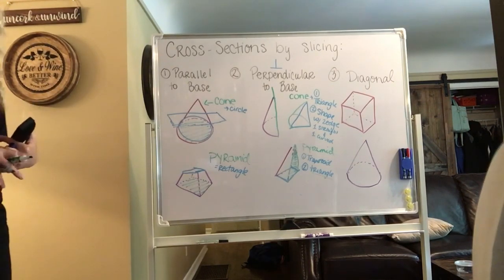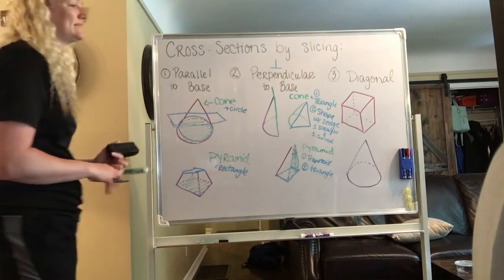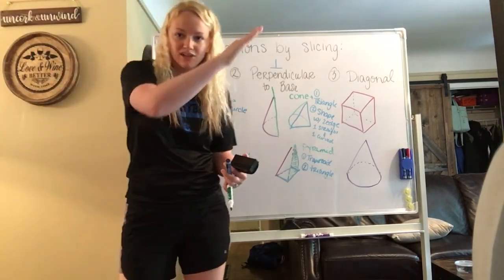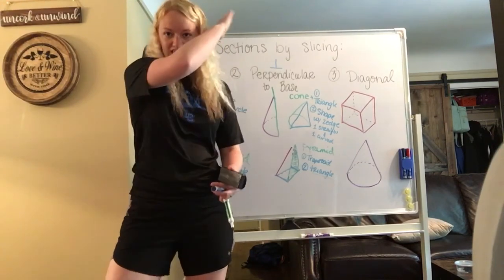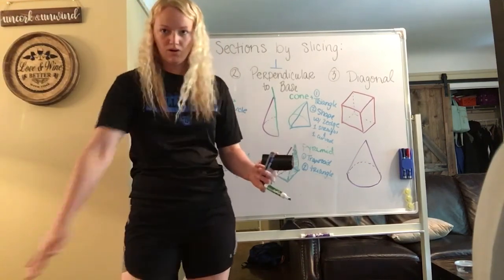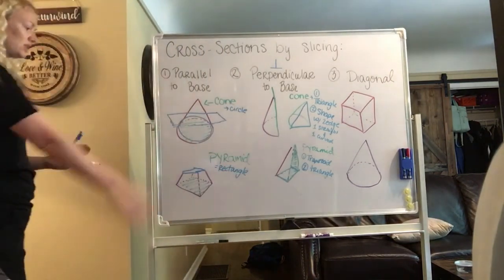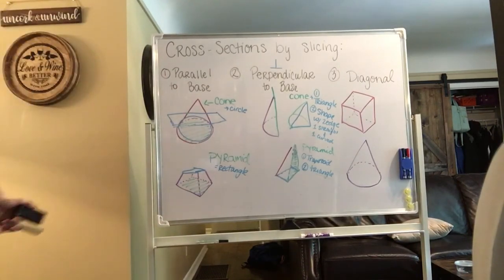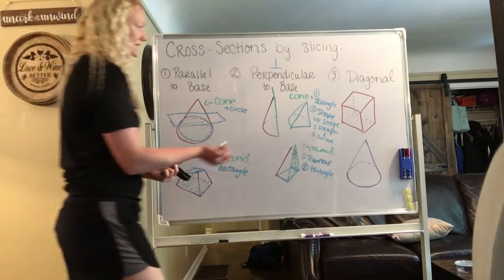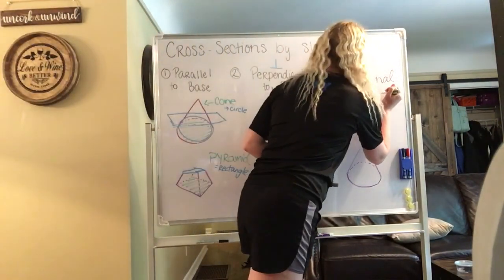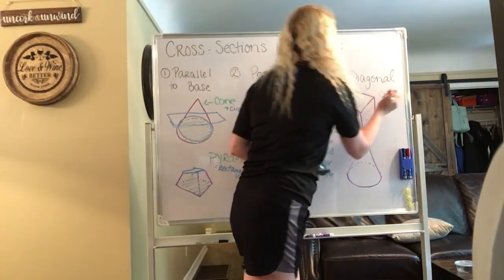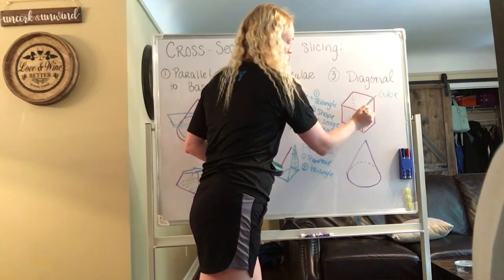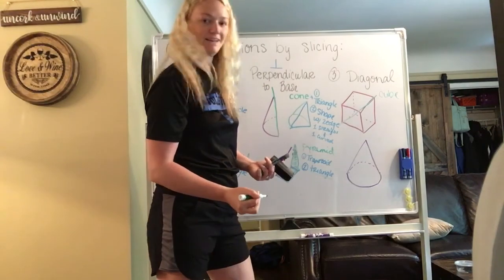The last type of cut here is going to be a diagonal cut. So remember, the diagonal, that'd be like the hypotenuse of that triangle, the diagonal going that way, slicing it down. So if we look at a cube, okay, first thing that we think about for a cube, when I'm going to slice it, I'm just going to go from one corner to the opposite corner. So I go from here to here and slice it that way, okay?